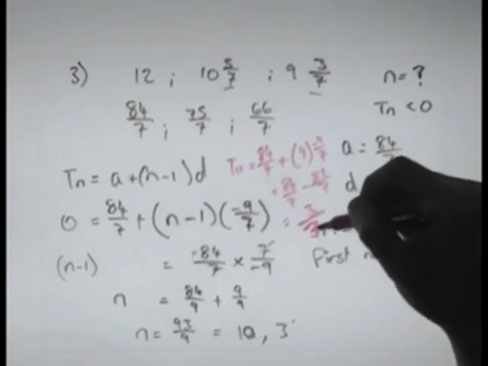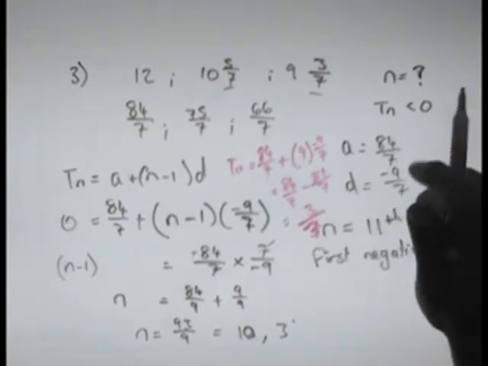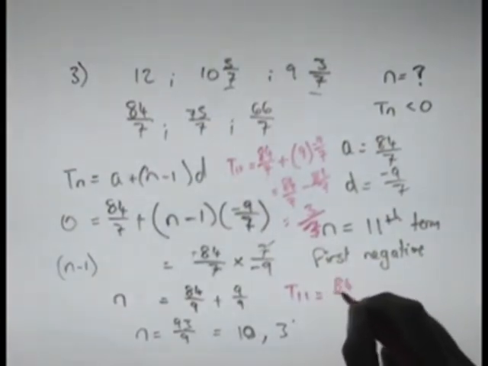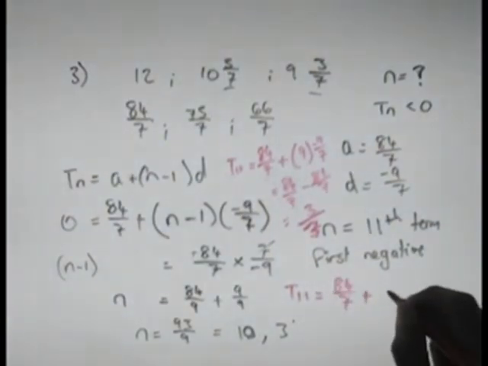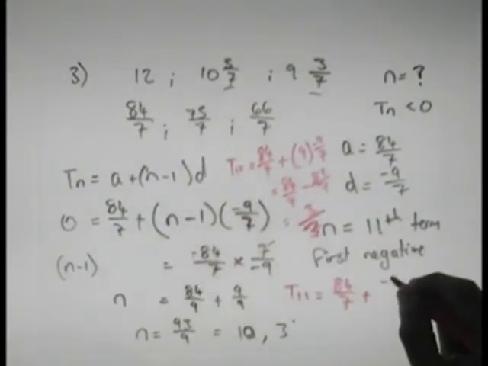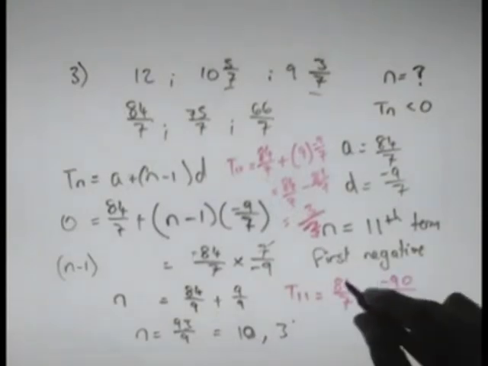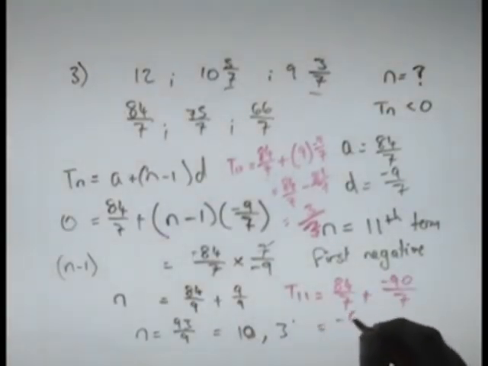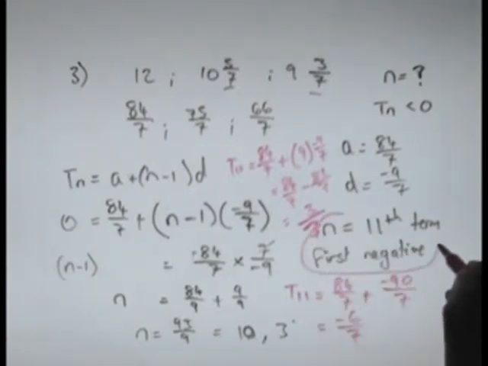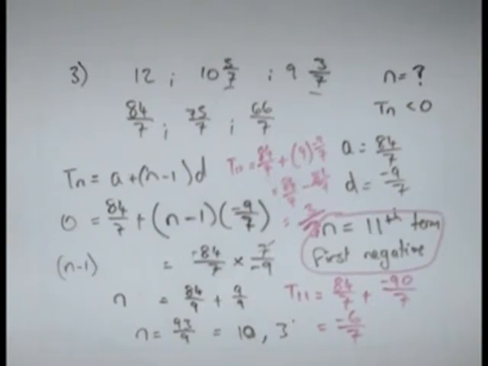So the 10th term is positive 3 over 7. The 11th term, T11, is going to equal 84 over 7 plus 10 times the difference, 10 times that, which is negative 90 over 7. 84 minus 90 is negative 6 over 7. So the 11th term is the first negative term, and the 11th term is negative 6 over 7.